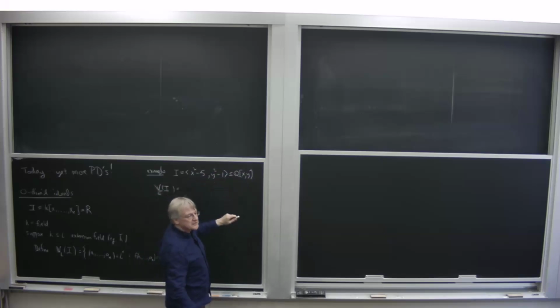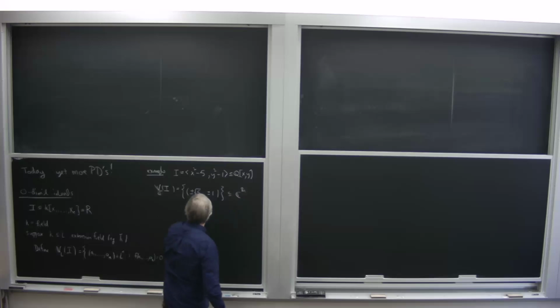This is about the simplest zero-dimensional ideal that you will see today. So this is going to be the set of points (±√5, ±1) contained in C^2. And it's 4 points. The number of elements of this thing is 4.